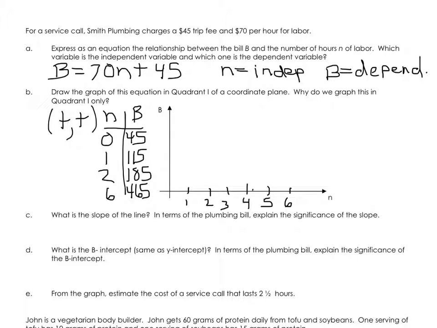So on the B axis, we need to go from 0 up to, let's make it 100, 200, 300, 400, 500. So our scale is going to go up by 100 each time.